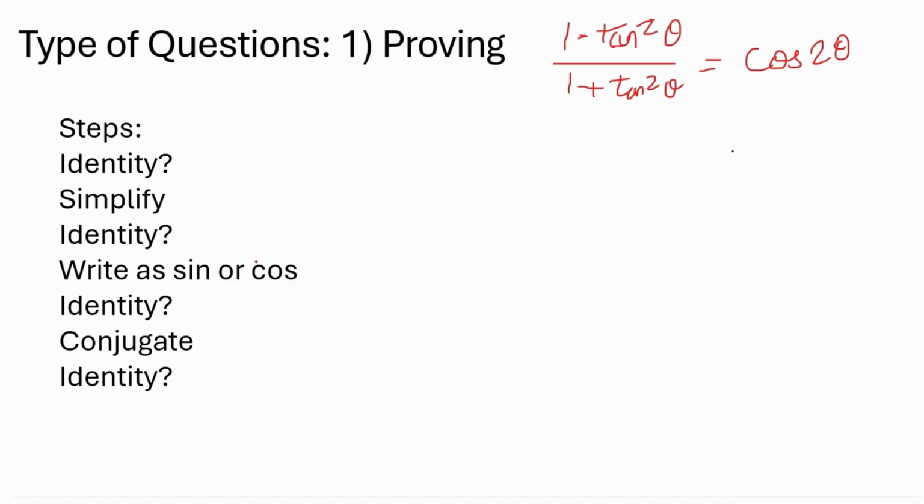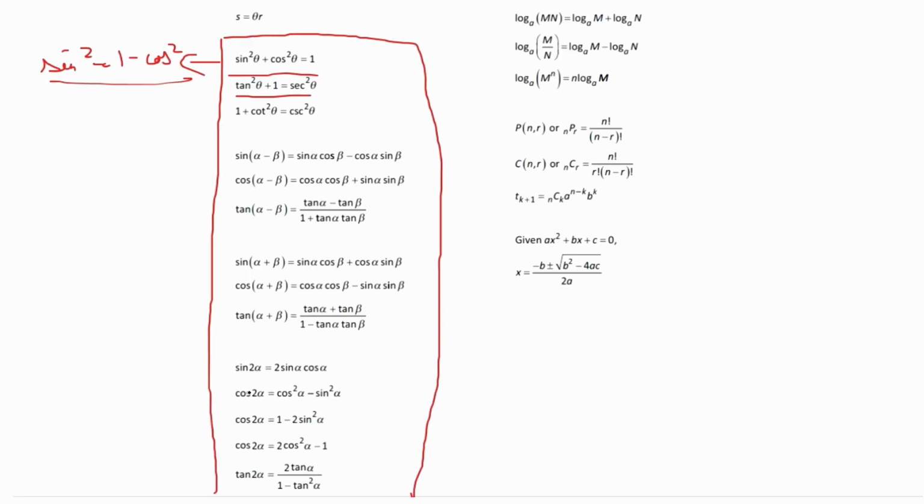Next one. Try it yourself. LHS, RHS. So the one time you kind of have to think about using identities is with cos 2 theta only. Because if you look, cos 2 theta is the only one that has different possibilities, three different to be specific, but it's pretty easy.